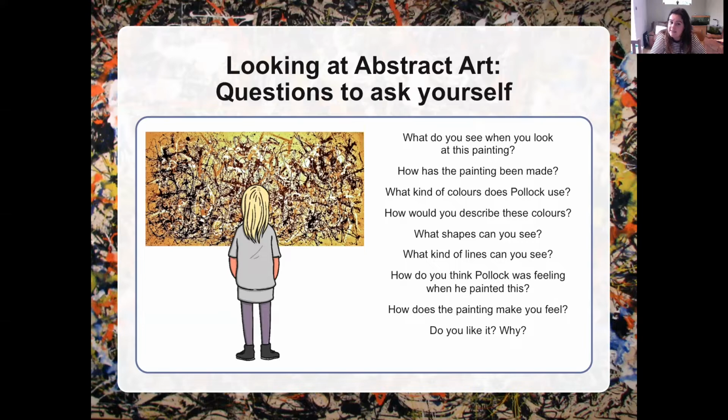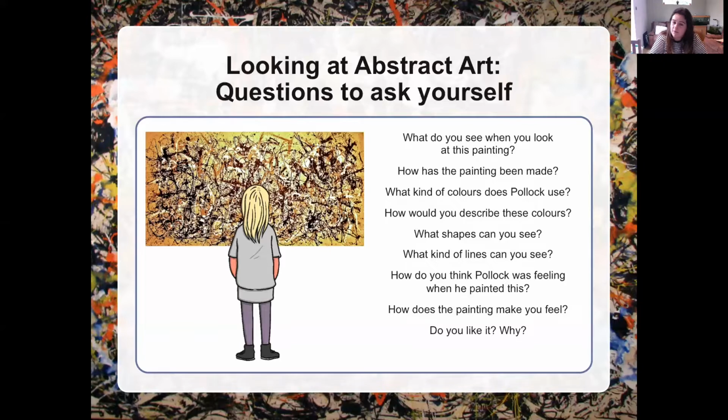How has the painting been made, do you think? What kind of colours does Pollock use? How would you describe these colours? What shapes can you see? What kind of lines can you see? How do you think Pollock was feeling when he painted this? How does the painting make you feel?